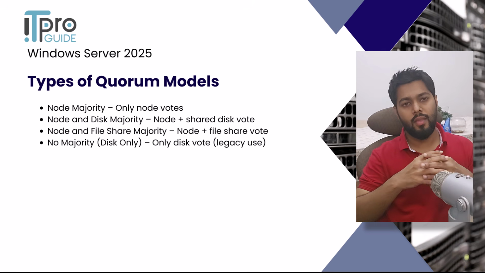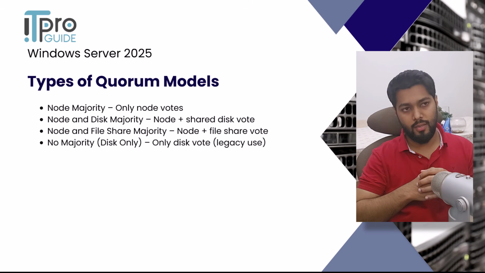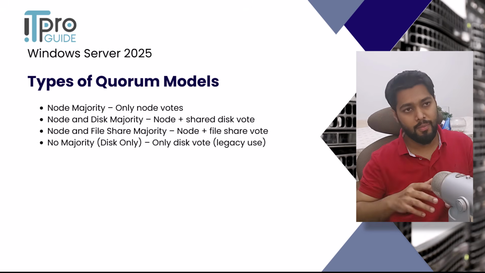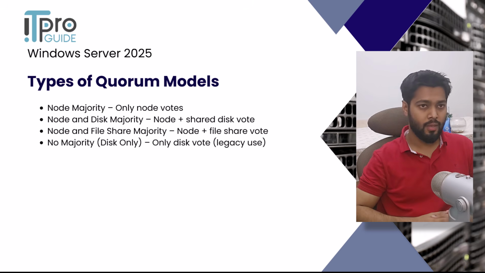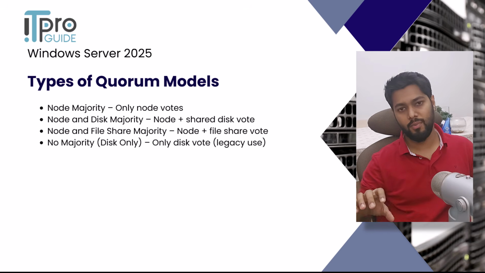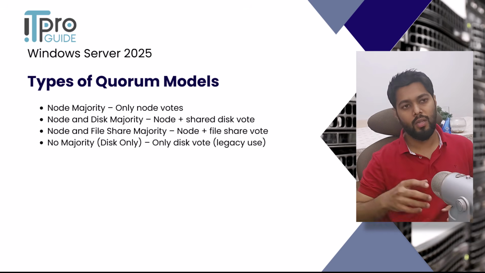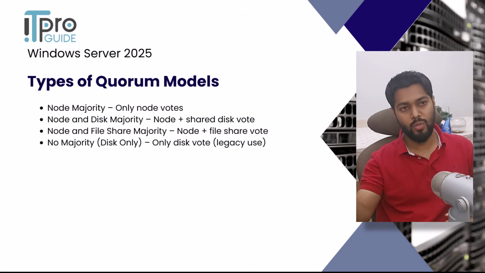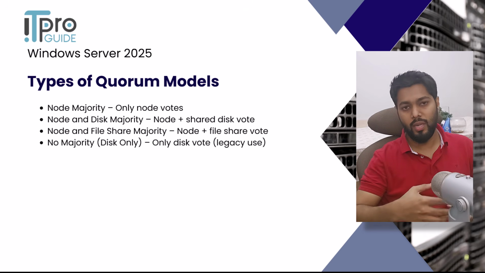Now let's look at the types of Quorum models that are available with Hyper-V clustering in Windows Server. The first type is node majority, which we just discussed in the previous slide where you have 3 servers. That is called the node majority concept. So only the nodes, the Hyper-V nodes, vote in this model. The next one we have is node and disk majority.